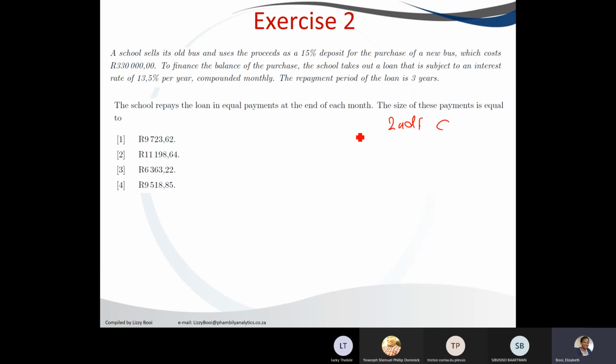Before second function CA, you will need to calculate the balance. You will need to calculate what the balance will be, which is 330,000 minus 330,000 times 0.15, because we need to take away the deposit.